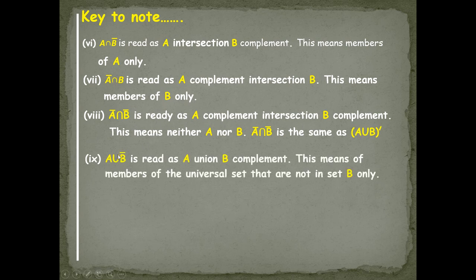Now A union B complement means members of the universal set that are not in set B only.